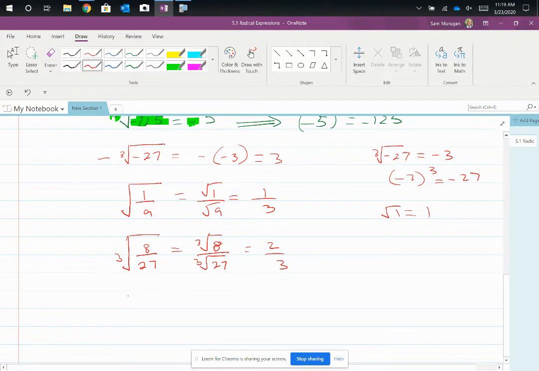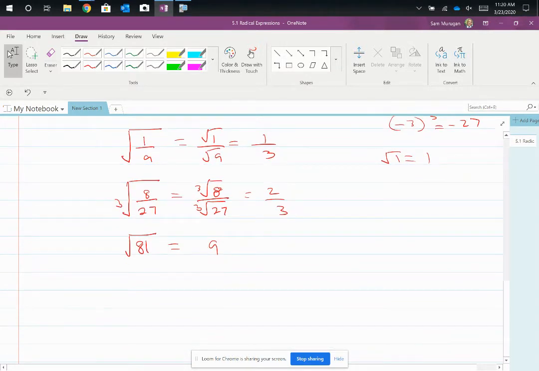The square root of 81 is equal to 9. The square root of negative 81 is not a real number. Okay?